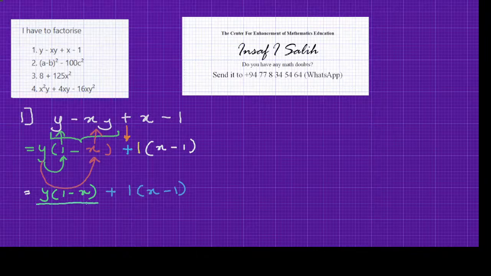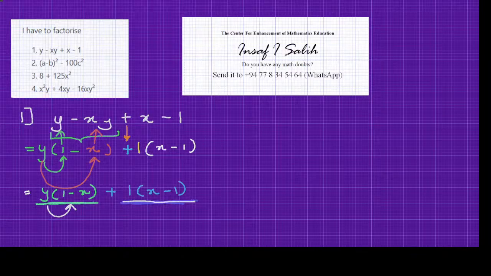This is the first term that I'm underlining in green, and the one which I'm underlining in blue, that's the second term. Is there a common factor? Y is getting multiplied by 1 minus x, so the factors are y and 1 minus x, and in the blue term the factors are 1 and x minus 1. So there is no common factor.